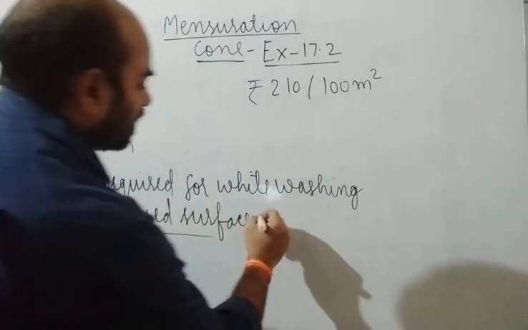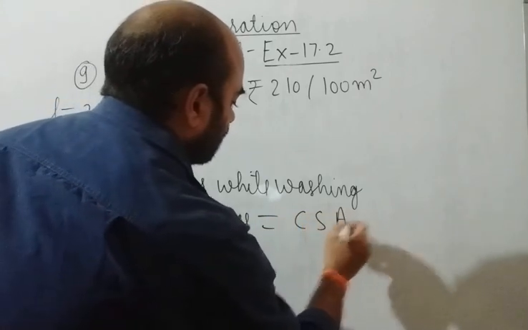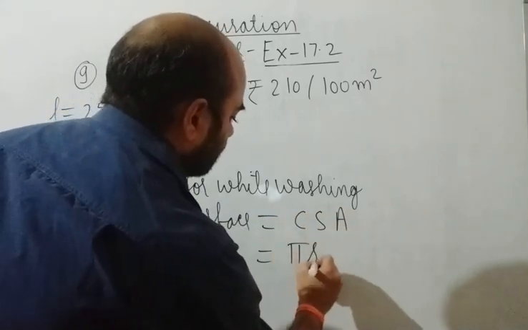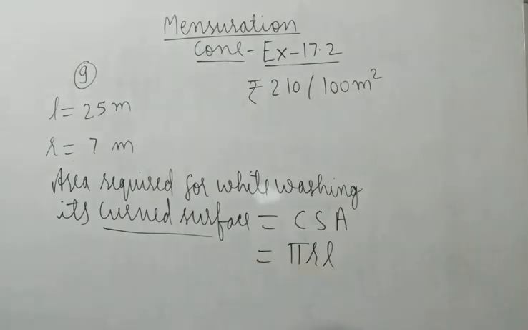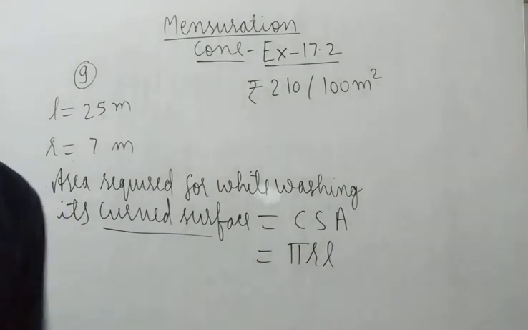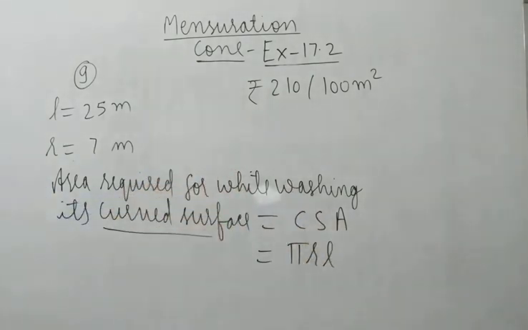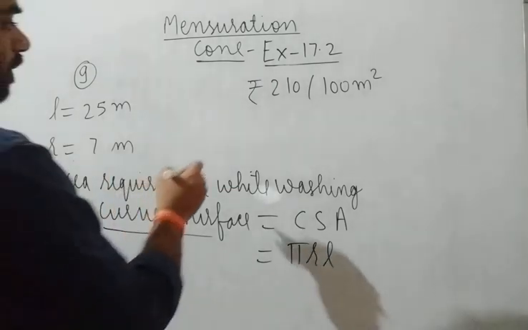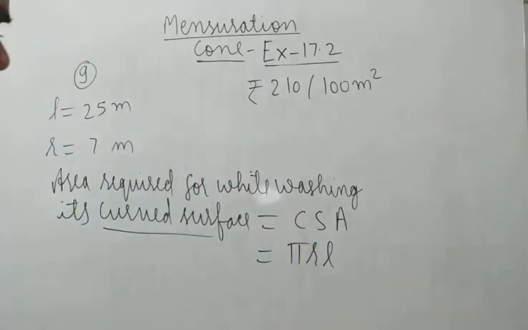Curved surface means curved surface area of cone, that is pi r l, correct? This is the area required for whitewashing. So we will calculate pi r l.